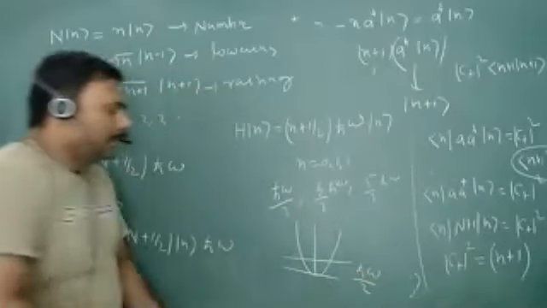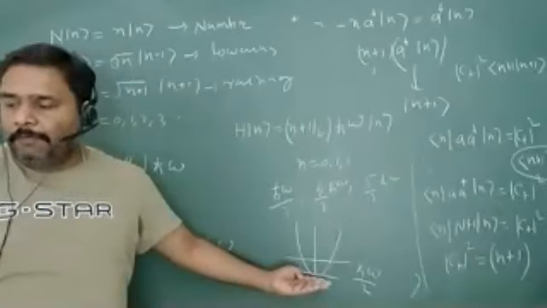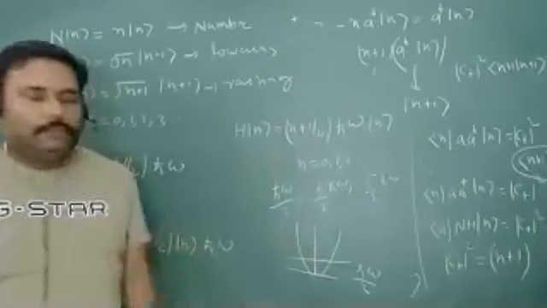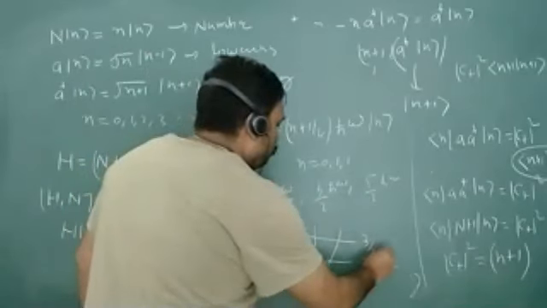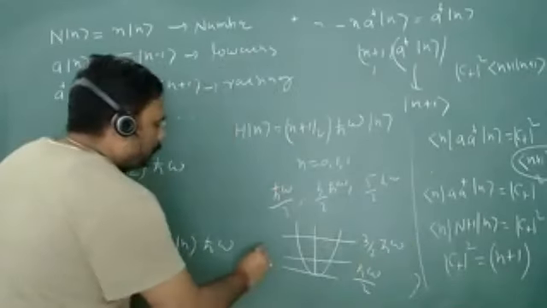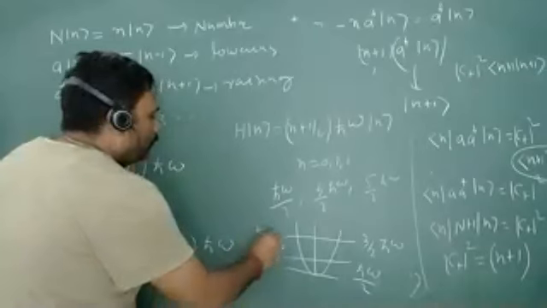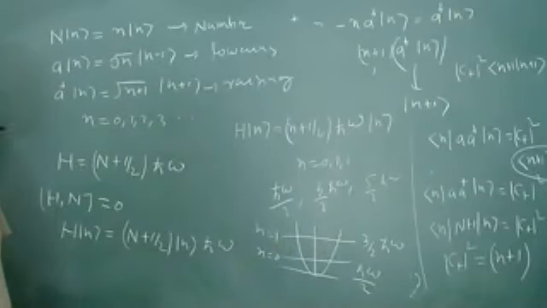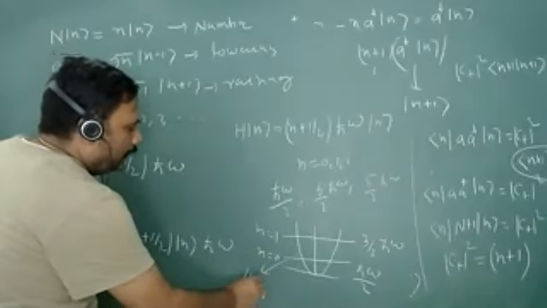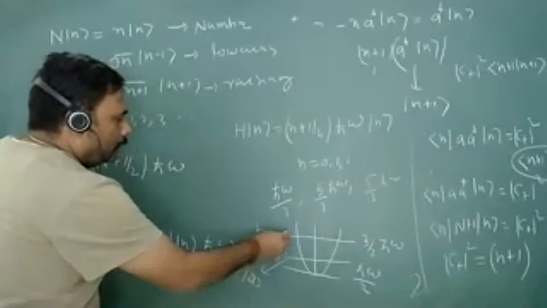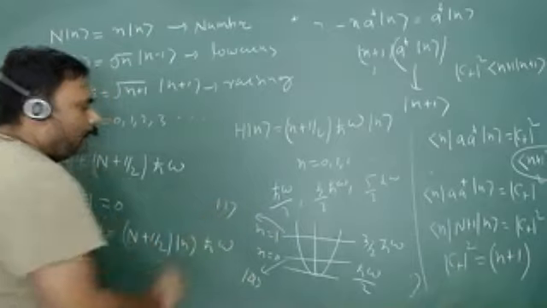But in classical mechanics, you can have any value, any minimum value from 0 to anything. The next level is 3 by 2 h cut omega. This is for n is equal to 0, n is equal to 1. And what are the kets? This ket is basically the 0 ket, and this ket is the 1 ket.